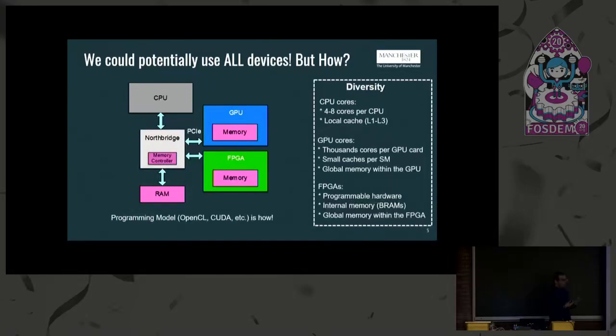So the execution is the following. At first, you copy the data into the memory of your device from the RAM, from the main memory of the system. Then you accelerate the data, and then you copy them out to the main memory. And this way, the CPU, the GPU, and the FPGA look alike. They are just accelerators that process data.